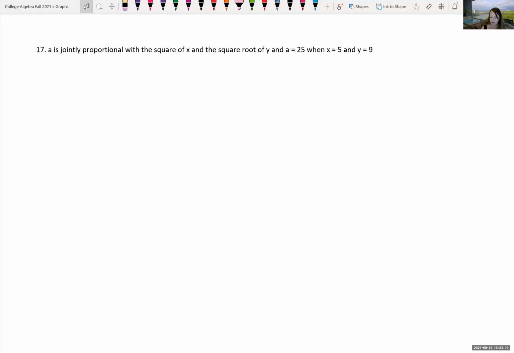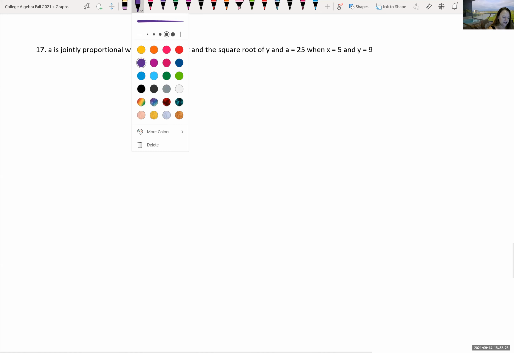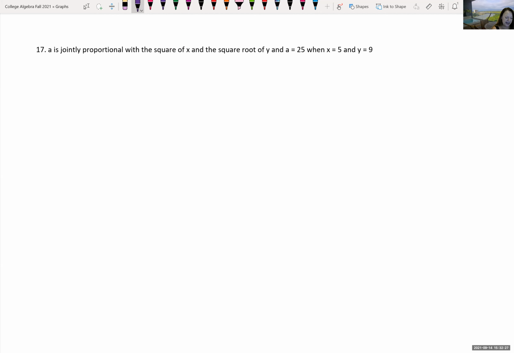So let's just do a couple more and then let's move into some word problems. So setting it up first, it says A is jointly proportional. So A is equal to K. It's directly proportional with the square of X, so times X squared, and the square root of Y. So we have our setup of our equation.